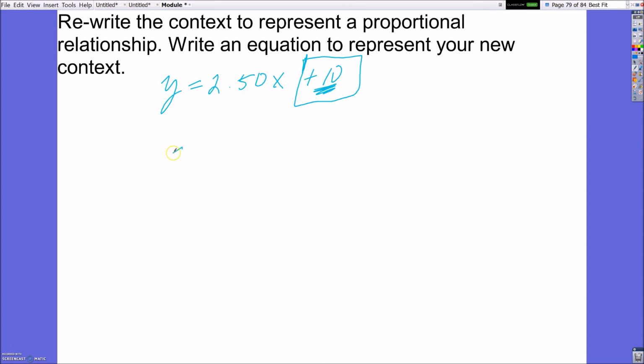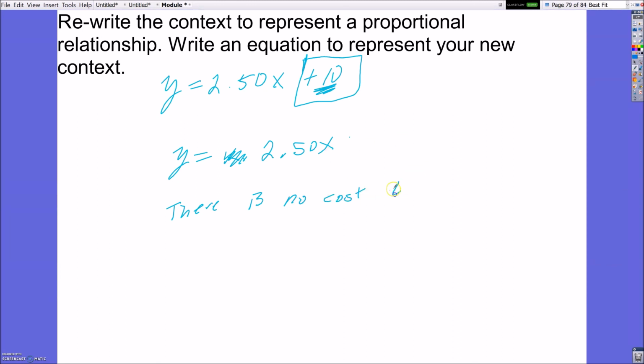So the equation for a proportional relationship would look like this: y equals 2.50x, $2.50 per ticket. What this would look like then is there is no cost to get into the fair, because there is no plus 10, it's gone.